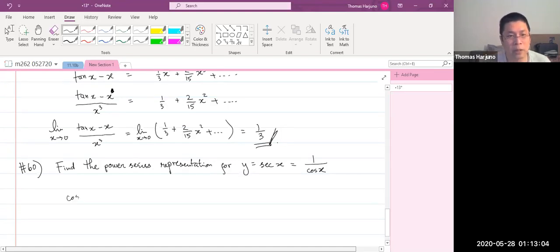The cosine x representation is 1 minus x squared over 2 plus x to the 4 over 4 factorial minus x to the 6 over 6 factorial, which is 720, and on.